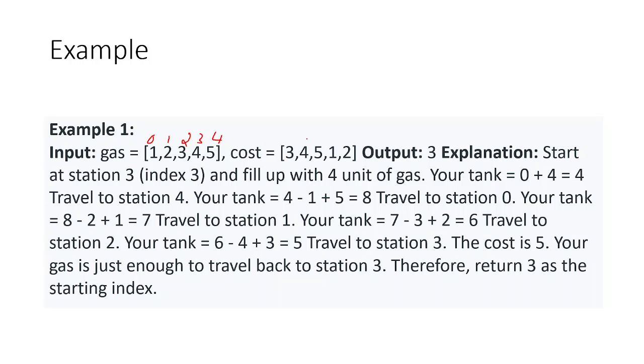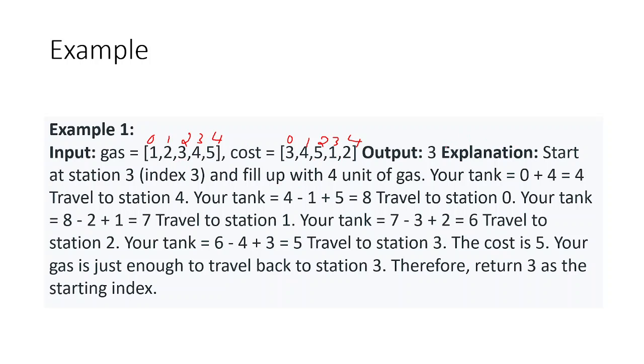The same goes for the cost, indices 0, 1, 2, 3 and 4. At station zero, if the car wants to travel to the first station, it costs 3. If it wants to go from 2 to 3, it costs 4, and the same goes for the others.